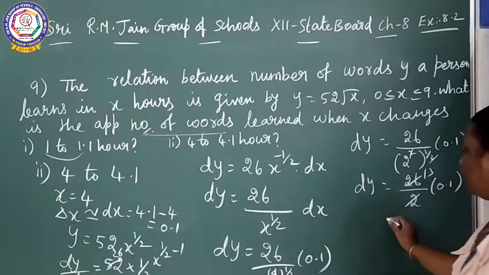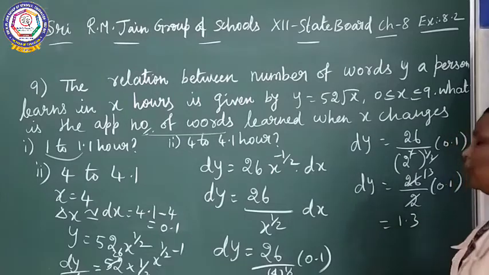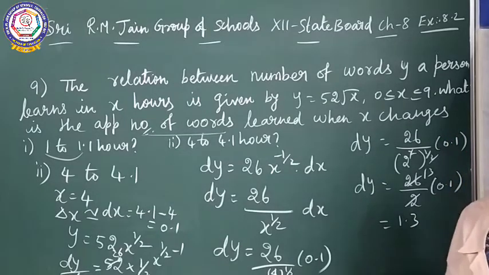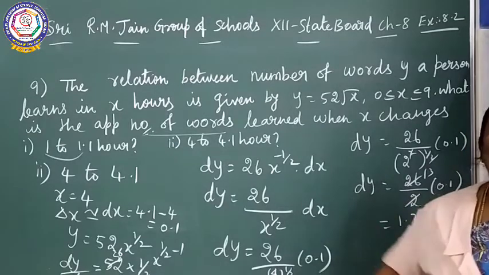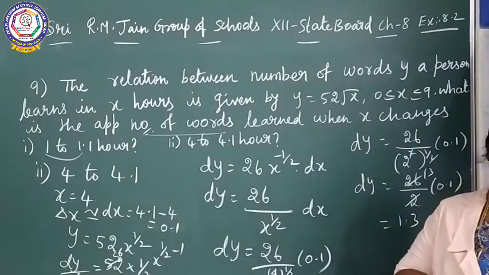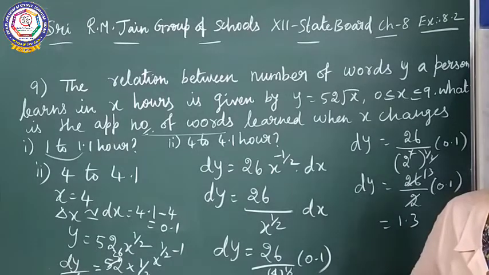13 into 0.1 is 1.3. It's approximately one word, because of the 0.3. If it is 0.5 or above, we can convert it up, like the previous one, 2.6.